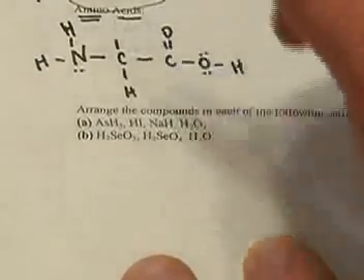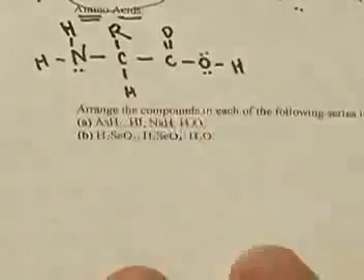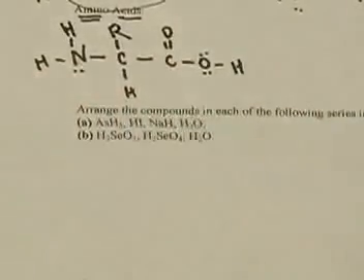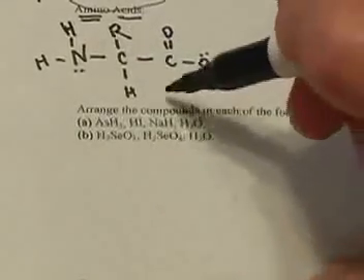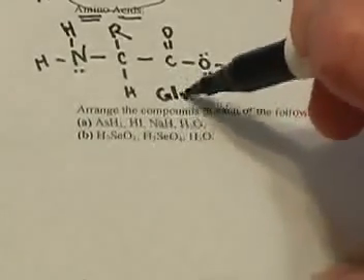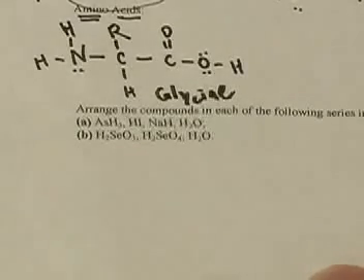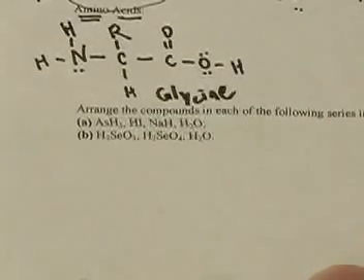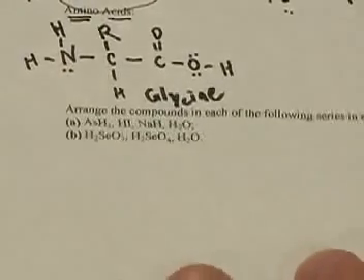It could just be a hydrogen right here, or I'm going to put an R here, meaning that it is theoretically possible to have a long chain of carbons. If it was just a hydrogen right here, it would be the amino acid called glycine. If it was a CH3 group attached here, it would be the amino acid called alanine, in case you're familiar with any amino acids from biology class.